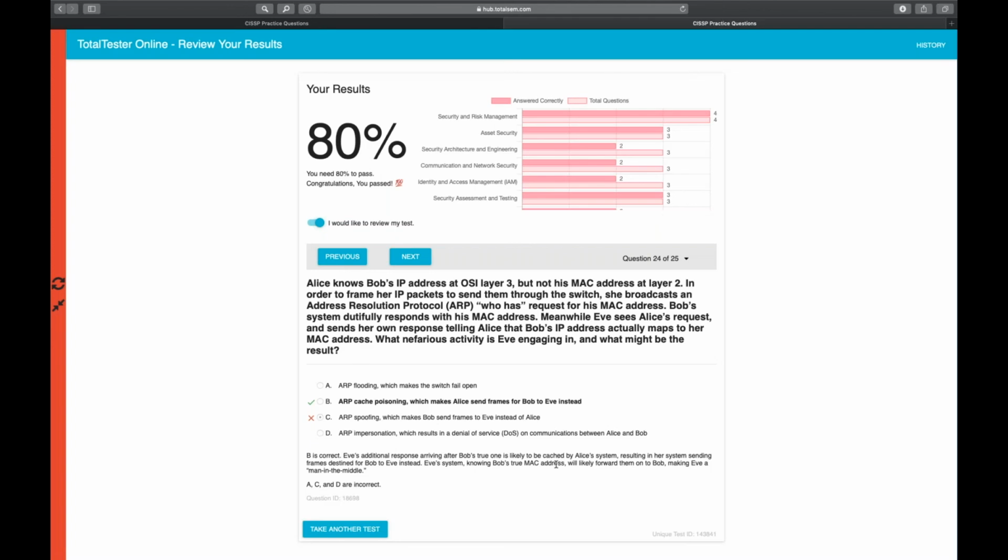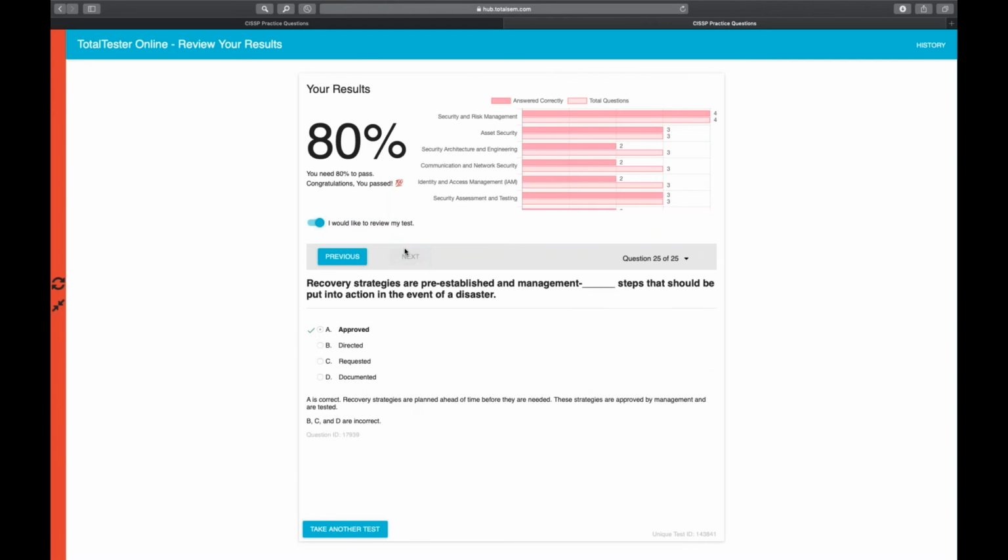Eve's system, knowing Bob's true MAC address, will likely forward them on to Bob, making Eve a man in the middle. Yeah, I don't like this at all. That doesn't explain why, I mean, cache poisoning is what you do to implement spoofing, so whatever.